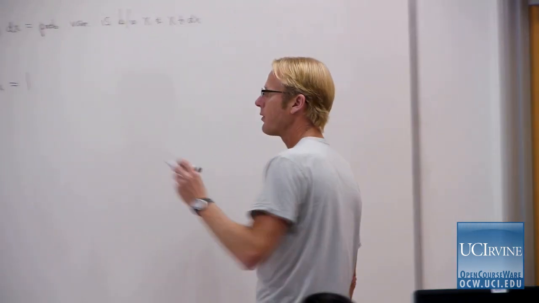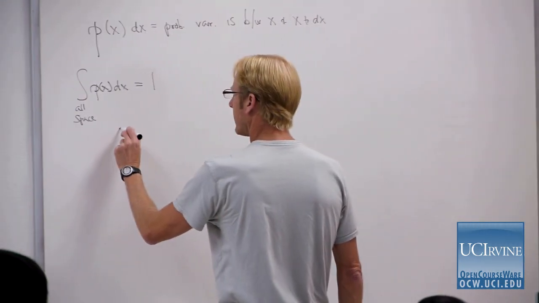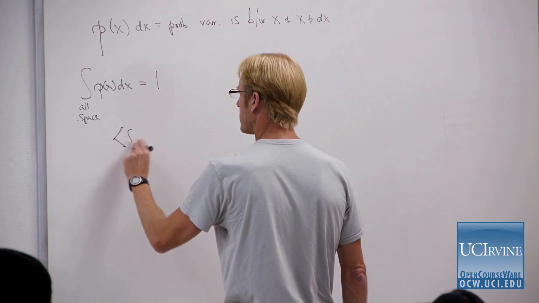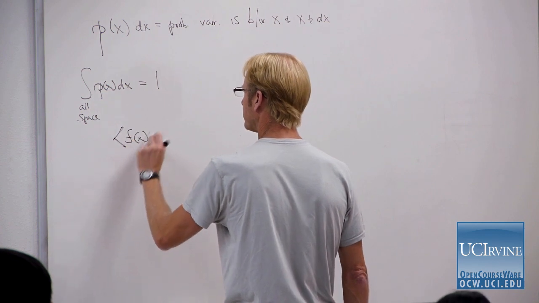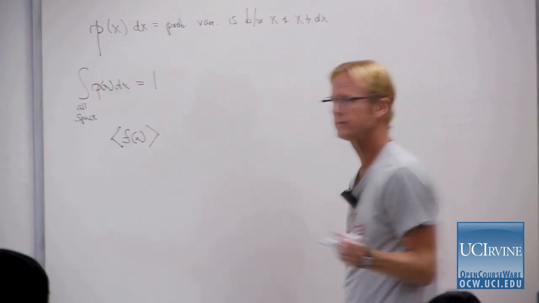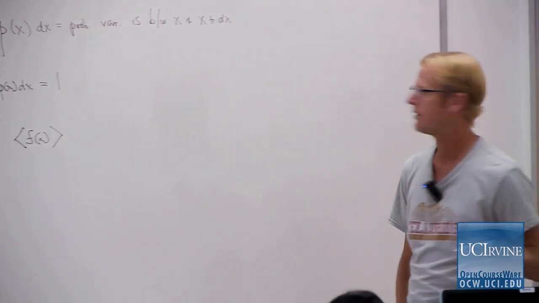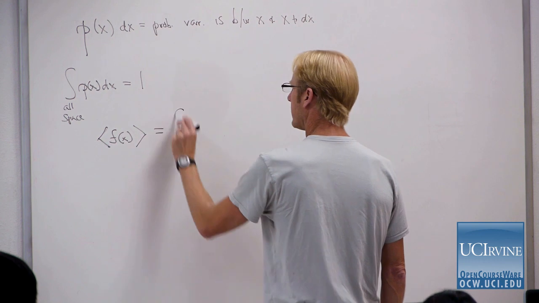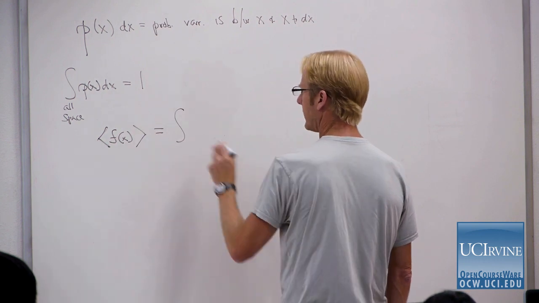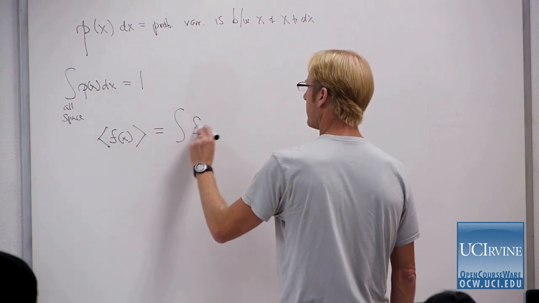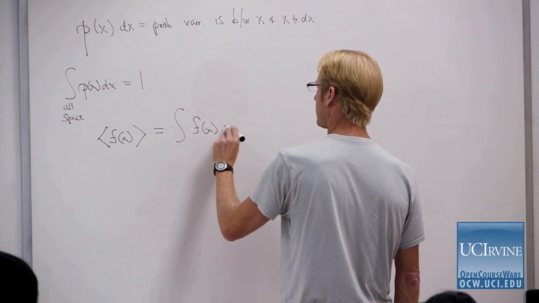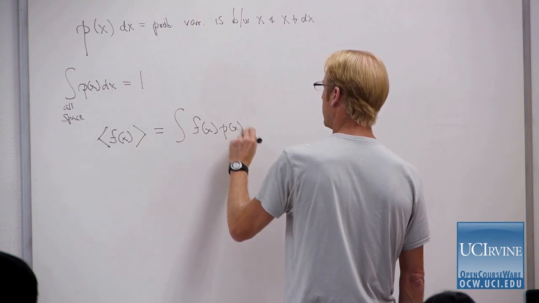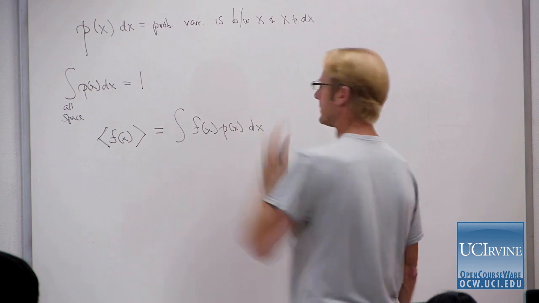Okay, so if I want, for example, to calculate the average of a function of x, and I use the angular brackets to denote the average, then what I would do is do the integral over all space of that function times the probability density times dx.